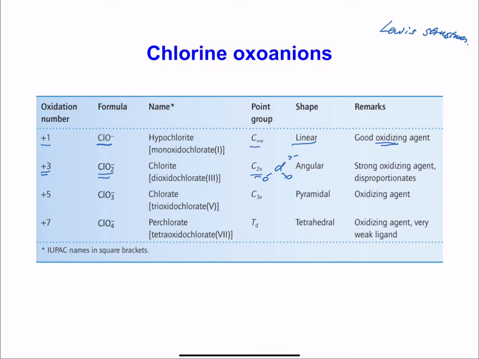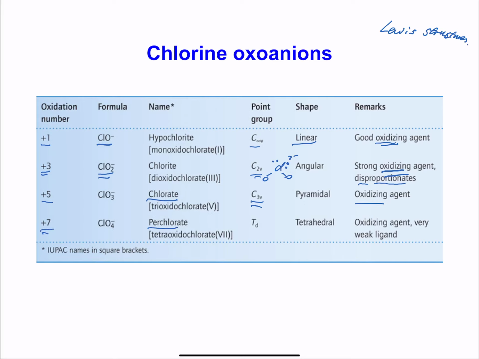Okay, make sure you can do that. I think we have 2 lone pairs here, and that's it. Then when you increase the oxidation state of chlorine, it becomes a stronger oxidant.